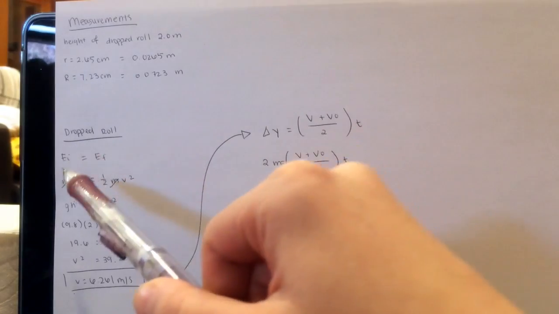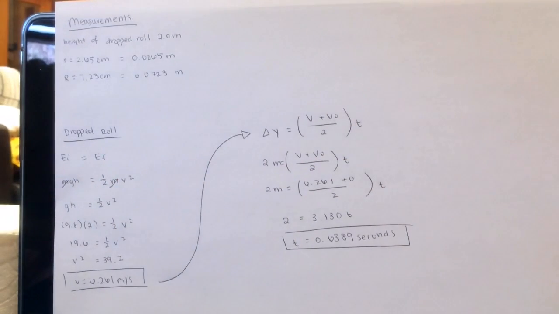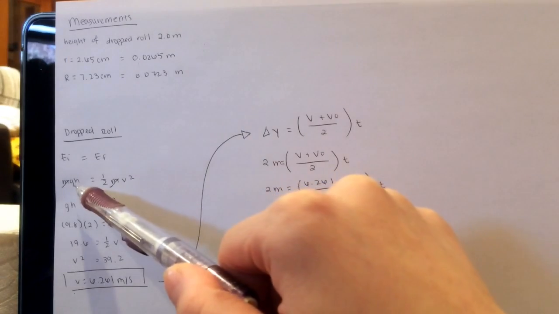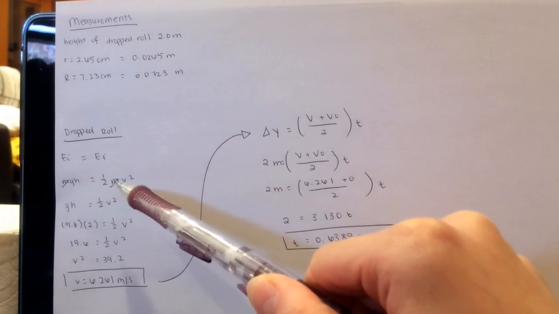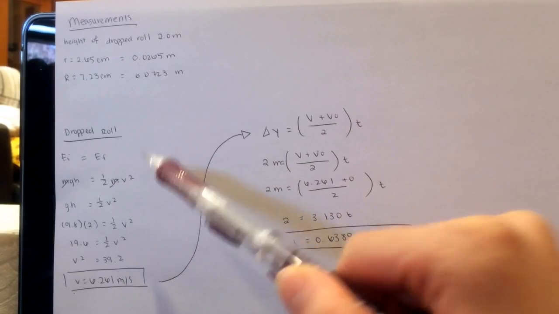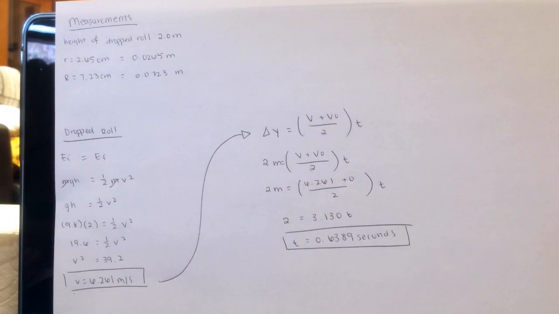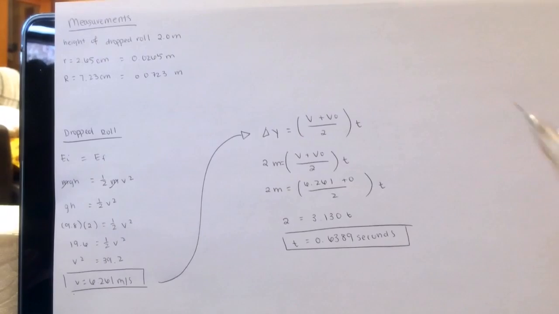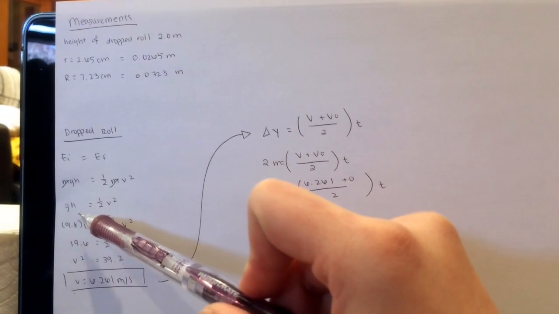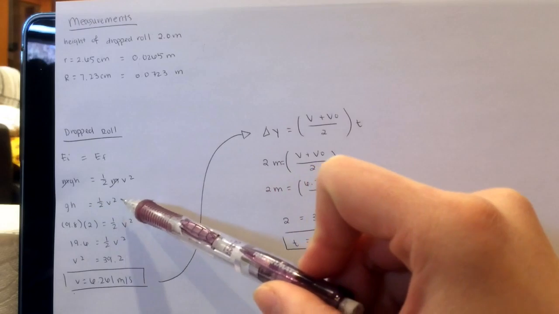So when we calculated the time needed to drop the regular toilet roll, we used conservation of energy, which is energy initial is equal to energy final. Energy initial is potential energy, so we used mass times gravity times height, which is equal to the kinetic energy, which is 1/2 mv squared. The two masses on each side cancel out, therefore we get an equation of gravity times height is equal to 1/2 velocity squared.